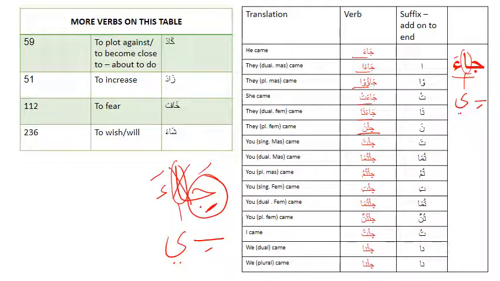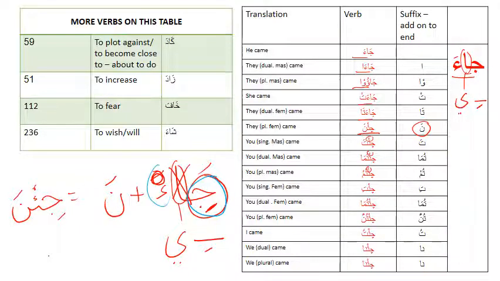We take this alif out completely, and then we put a sukoon on the last letter, because over here, as you can see, there's a sukoon on the lam letter, plus na, because the suffix is na, and then it becomes jitna. And same thing, jitta, jittuma, jittum, jitti, jittuma, jittunna, jittu, jitna.